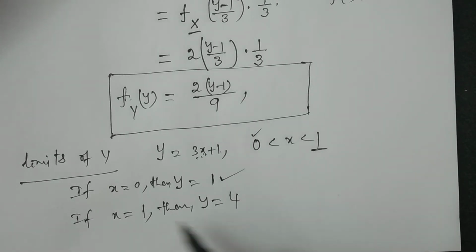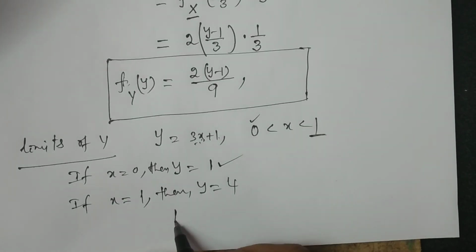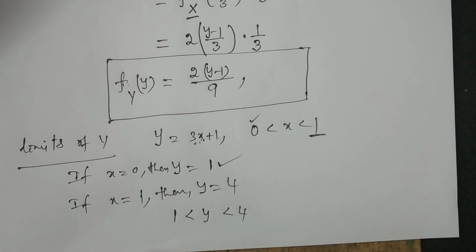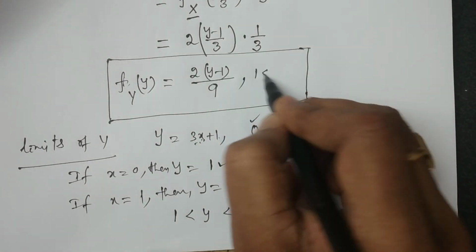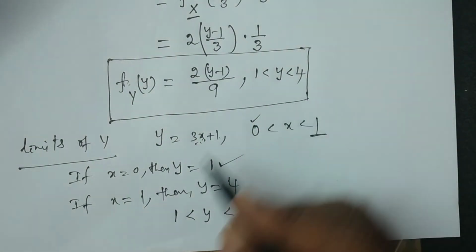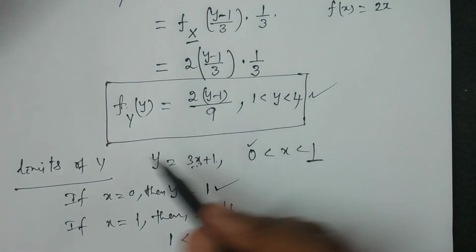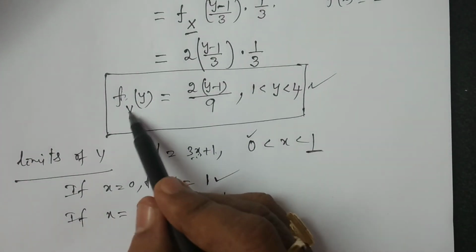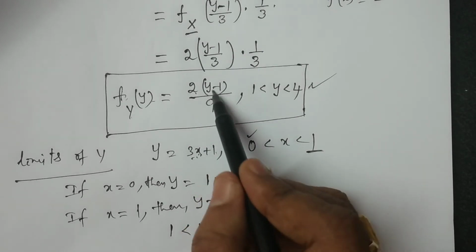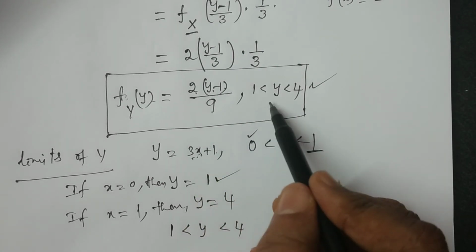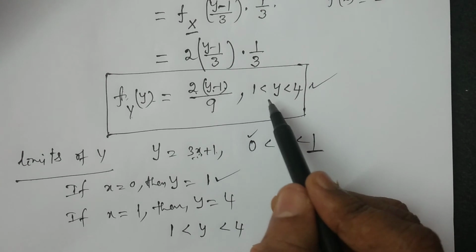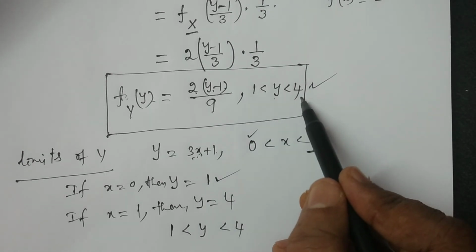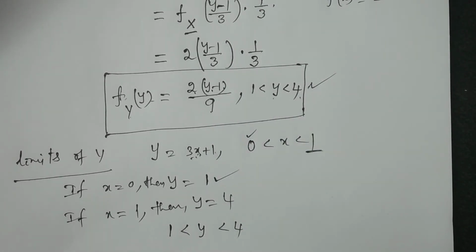Therefore the limits of y are 1 less than y less than 4. Therefore now the probability density function of y is f_Y of y equal to 2 into (y minus 1) by 9, in which the limits are 1 less than y less than 4. You should not forget the limits; they are also to be calculated very clearly.